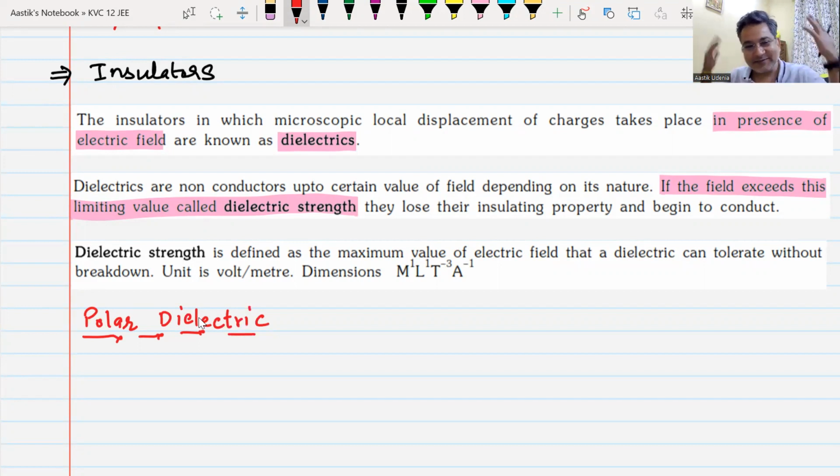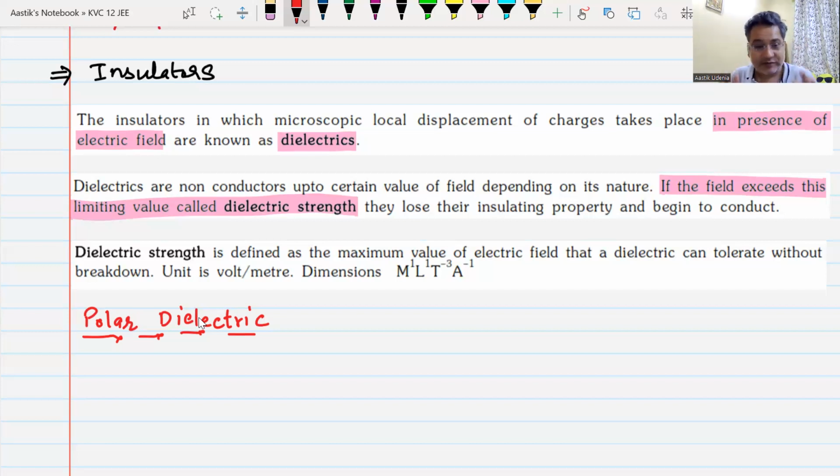We get marks because of the blessings of God and the chemistry teachers. No idea? Charges are included in the dielectric. Oh God, no.